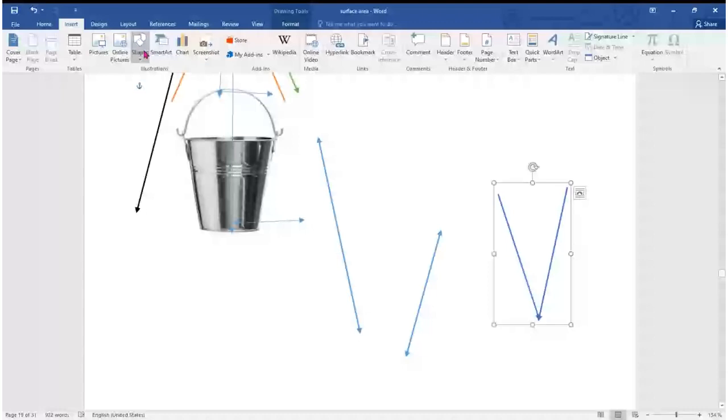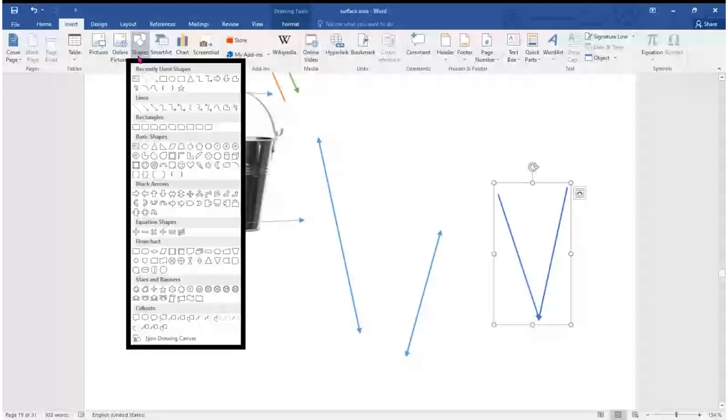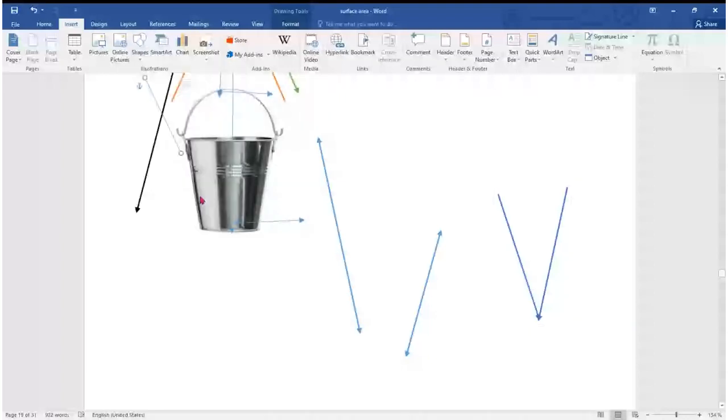For example, I've come and added a line here, from here all the way downwards.